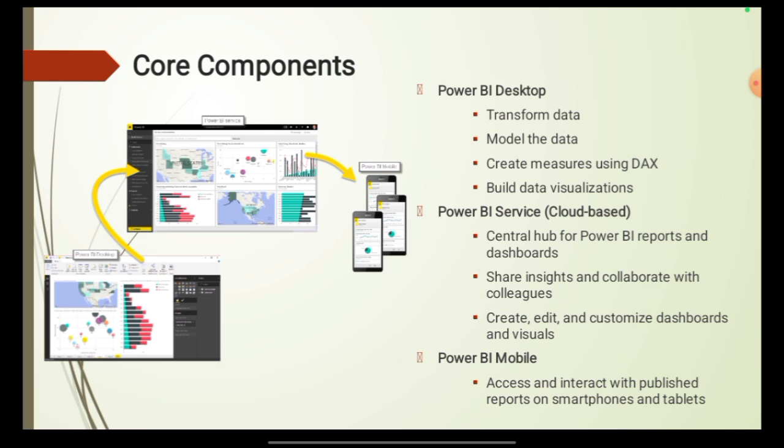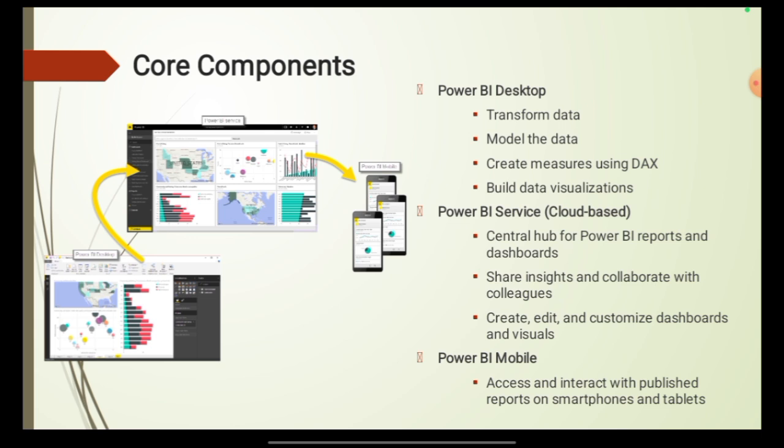So from these details, we get to understand that Power BI consists of three main components that work together to provide a comprehensive data analysis and visualization platform. Power BI Desktop is the primary tool used to create and develop reports and dashboards.